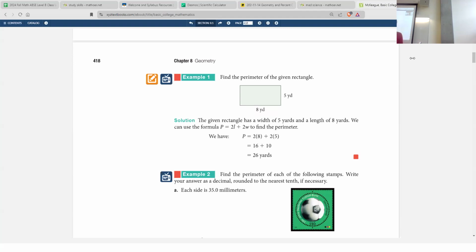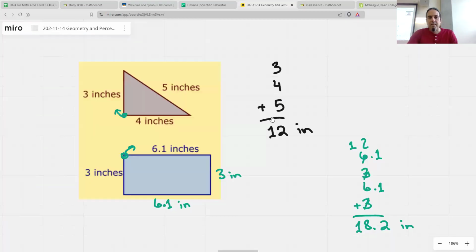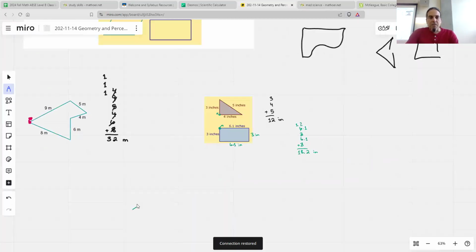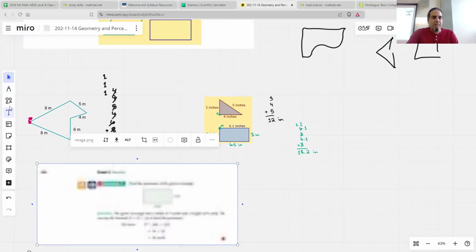If you had the physical book, then the nice thing to do is take a piece of paper as you're reading.